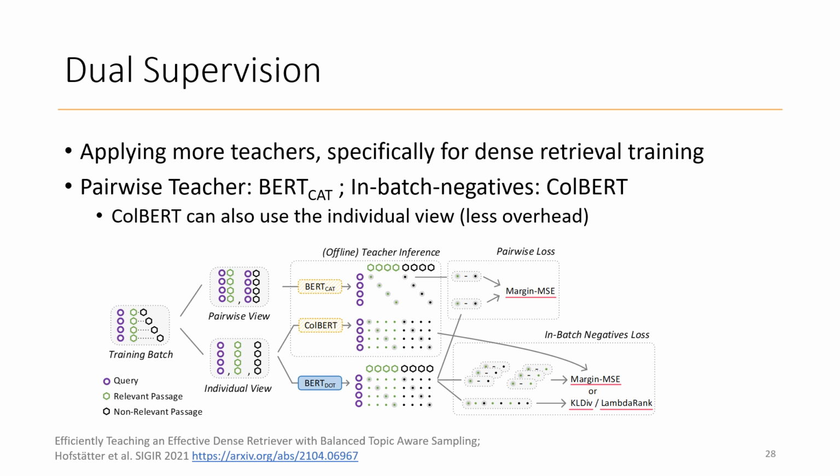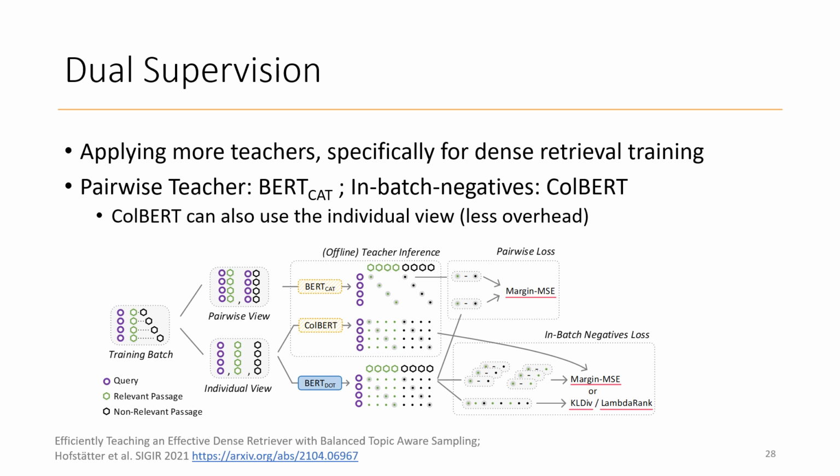So here in this figure, you can see we start off with the same training batch, but now for the BERT-CAT model, we concatenate query and passage, potentially offline, so we can pre-compute those scores. And then for the individual view, we run both Colbert and the BERTDOT model, which gives us results for every single combination of query and all passages. Then for the pairwise loss, we use the BERT-CAT scores and the scores for the pairs coming from BERTDOT.